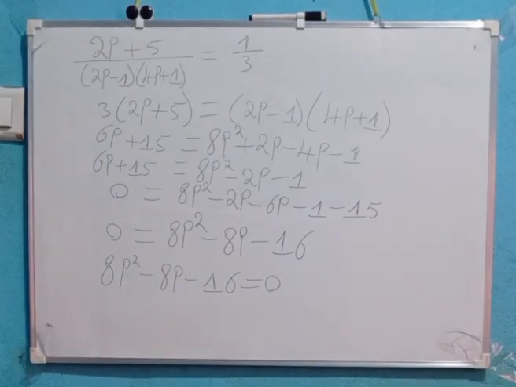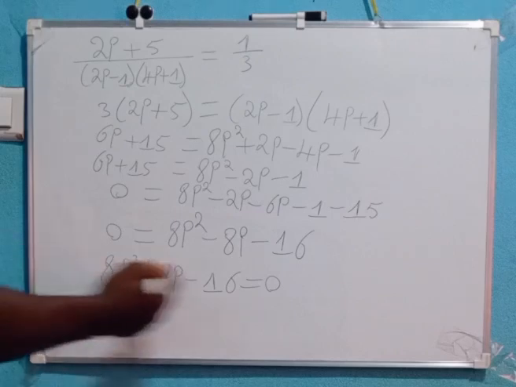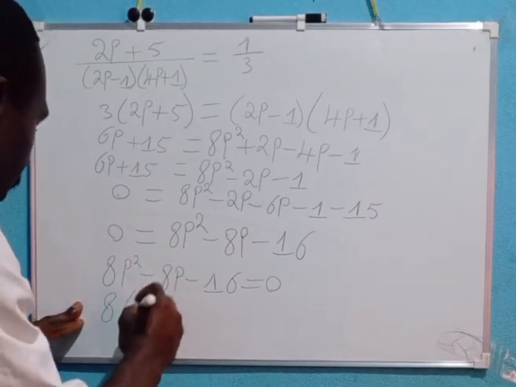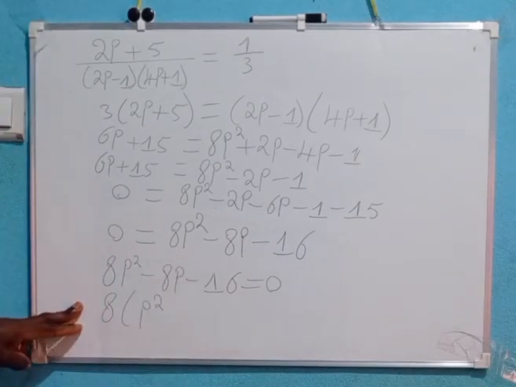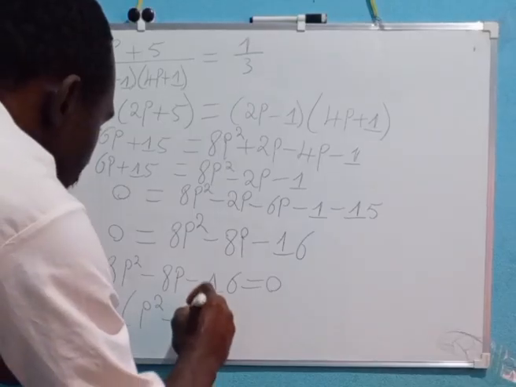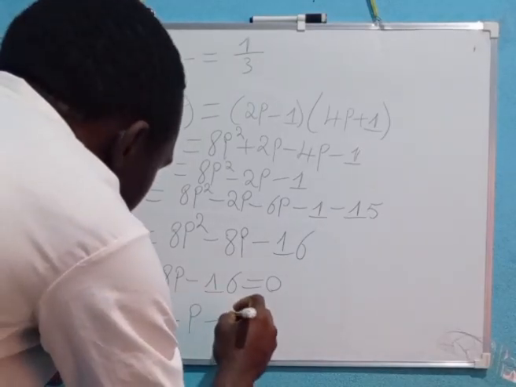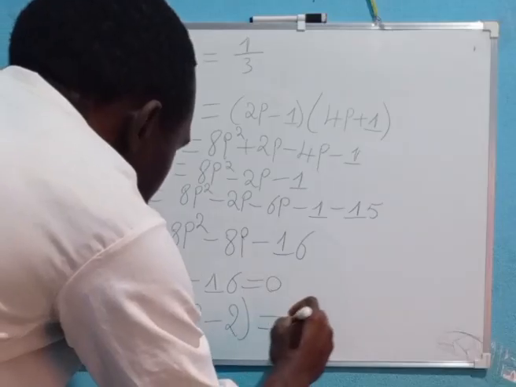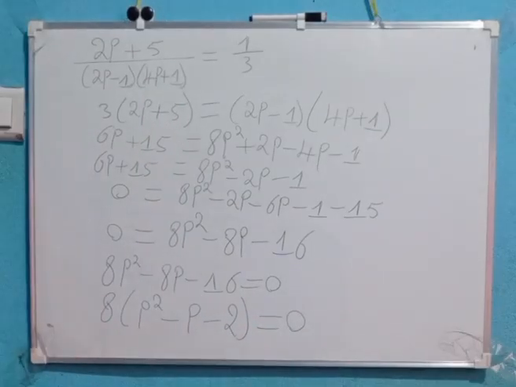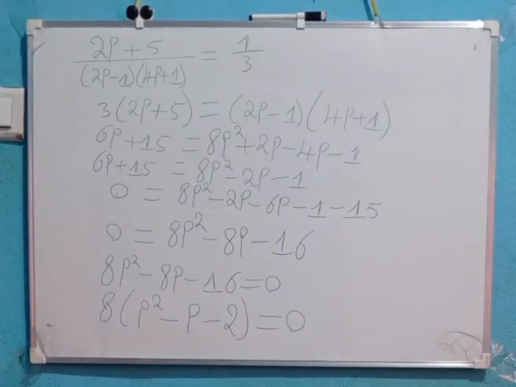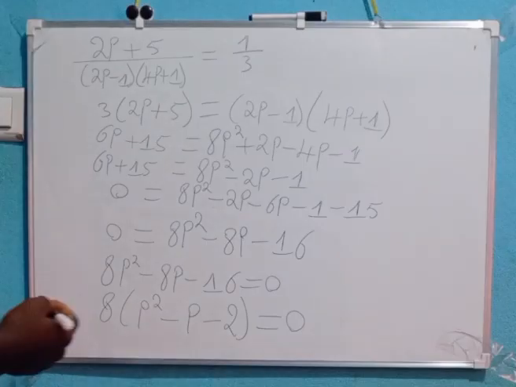At the left hand side, we can factor out 8. 8 is common. 8 times p squared gives us 8p squared. 8 times negative p gives us negative 8p. And lastly, 8 times negative 2 gives us negative 16. We equate this to 0. Next step, we are going to divide all through by 8.